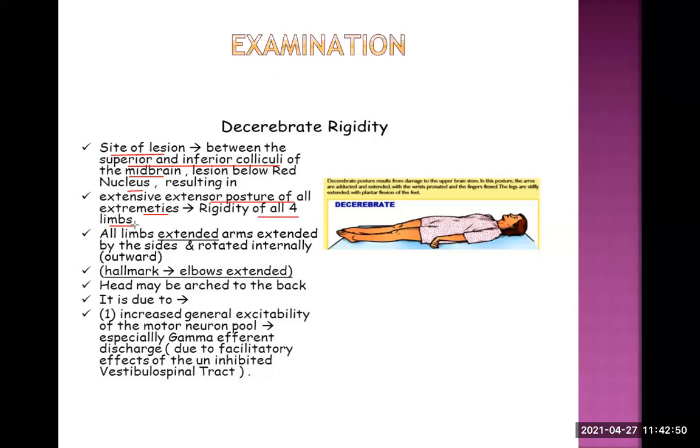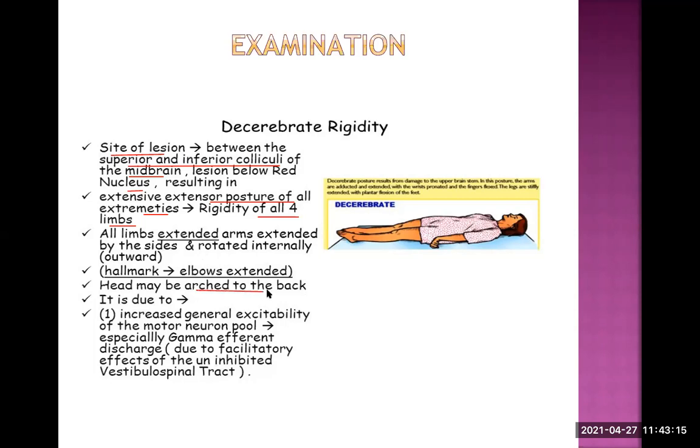This is known as decerebrate rigidity or decerebrate posture, you can say. This is a very serious condition. All limbs are extended, okay, arms as well as legs, and they are rotated internally. Hallmark is elbows are extended. So this is how we separate it from decorticate rigidity.